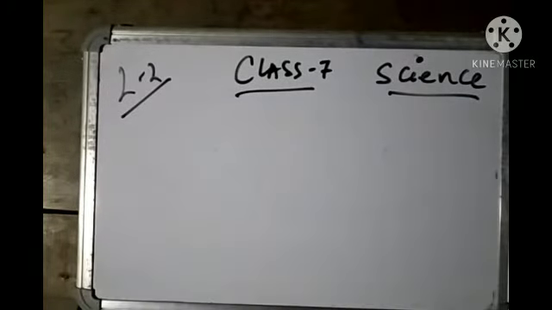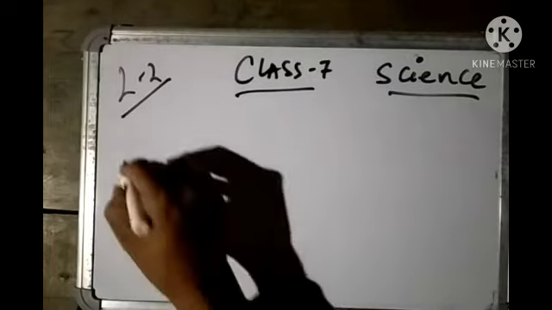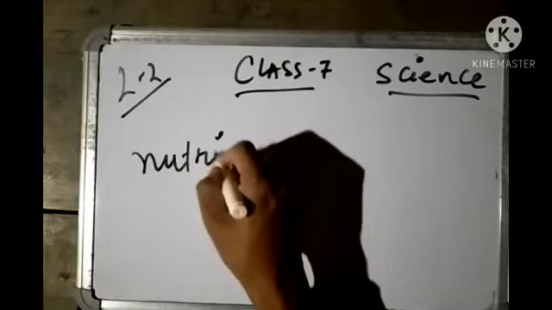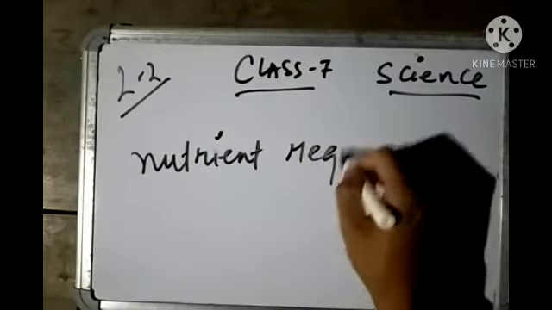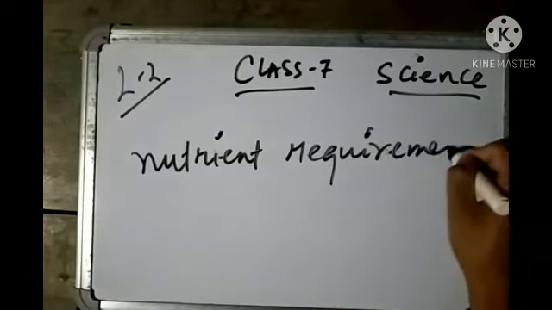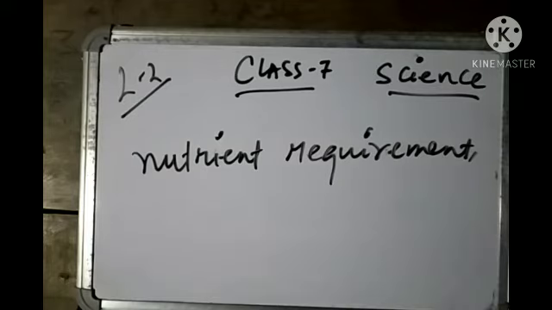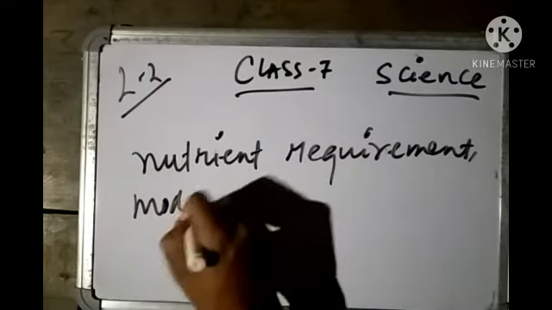In the starting it is mentioned that animals get their food from plants either directly or indirectly. So what is animal nutrition?